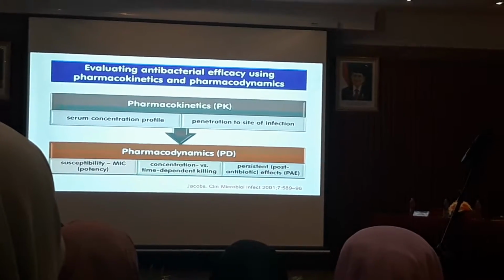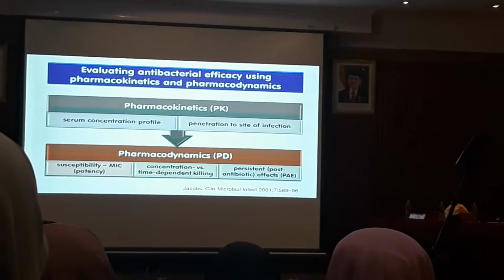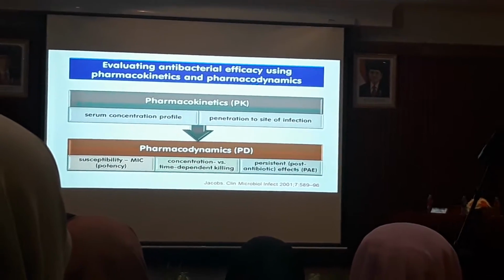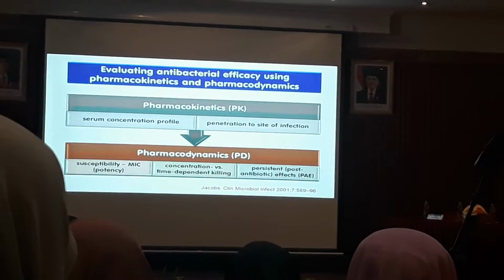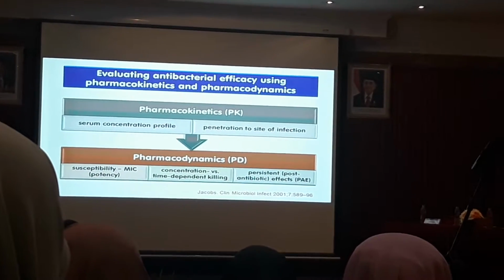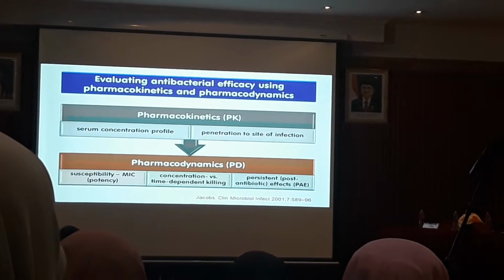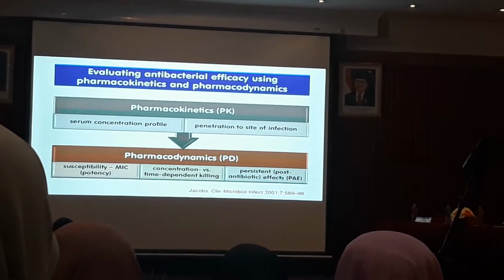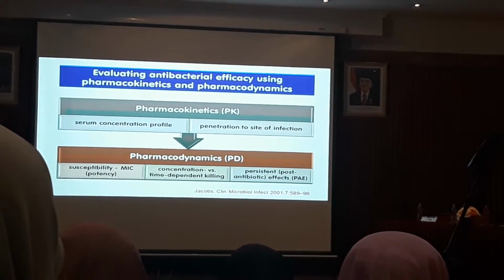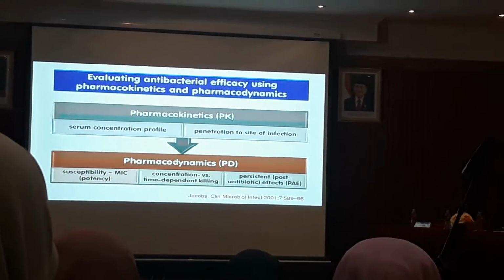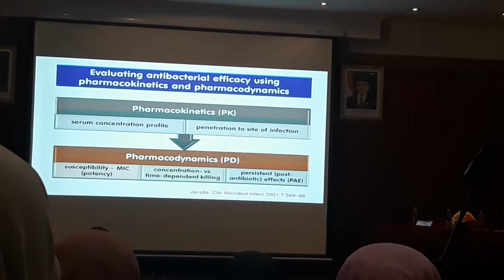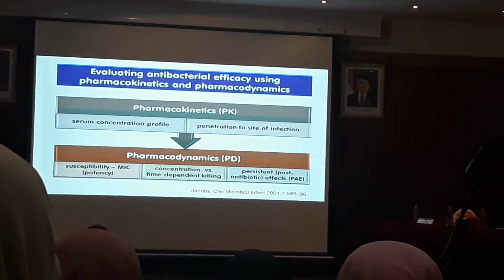Let me show you how to evaluate antibacterial efficacy using pharmacokinetics and pharmacodynamics. You know that pharmacokinetics is about the serum concentrations, how long it takes to achieve the peak concentration, how long it takes to be eliminated from the body, and how it will penetrate to the site of infection.